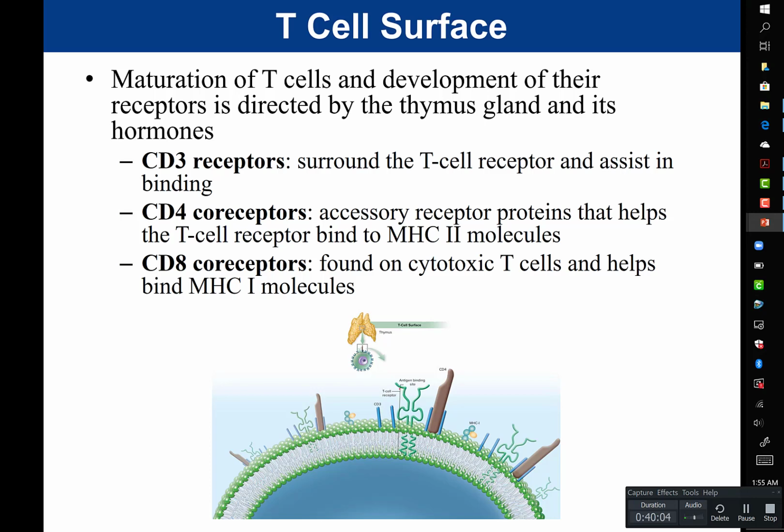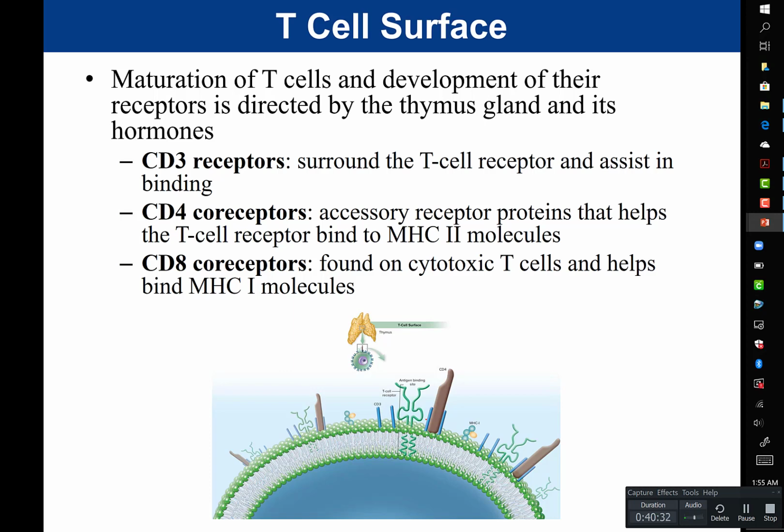This is our T cell receptor, which recognizes a specific antigen. Also, we are going to have what we call co-receptors. We have CD3. CD3 is a receptor that surrounds the T cell receptor and helps with binding. And so you can see it on either side, and it's going to help with binding.